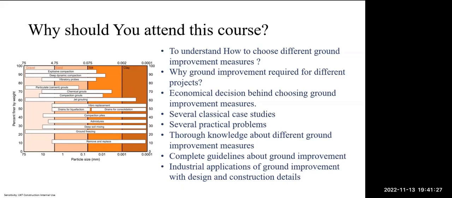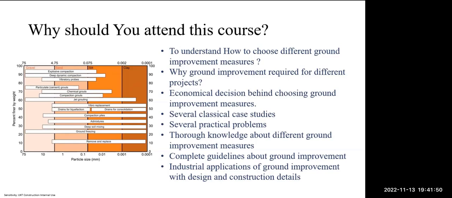We will cover several classical case studies. In a lot of books you will find the example of the Leaning Tower of Pisa, one of the classical examples of ground improvement methodology. But there are many other relevant case studies related to each and every application, especially from the Indian scenario.